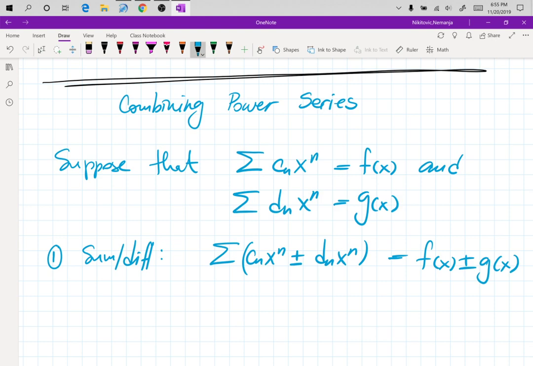So if you have multiple series added, this tells you that you can split them into separate series and deal with them individually. Now, obviously, if one of those diverges, it ruins it for everyone, right? Number two, multiplication by a power.